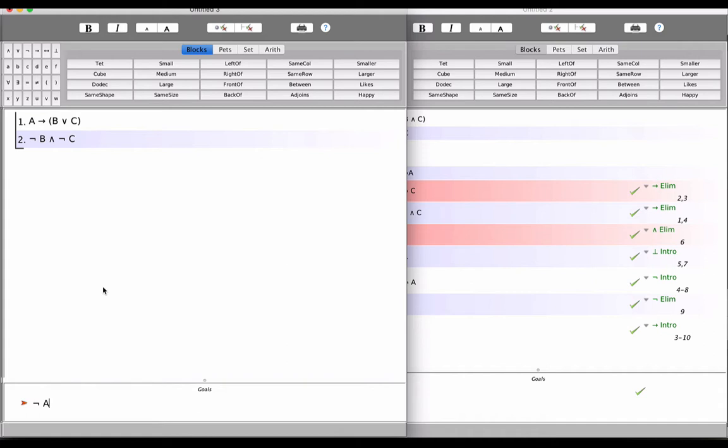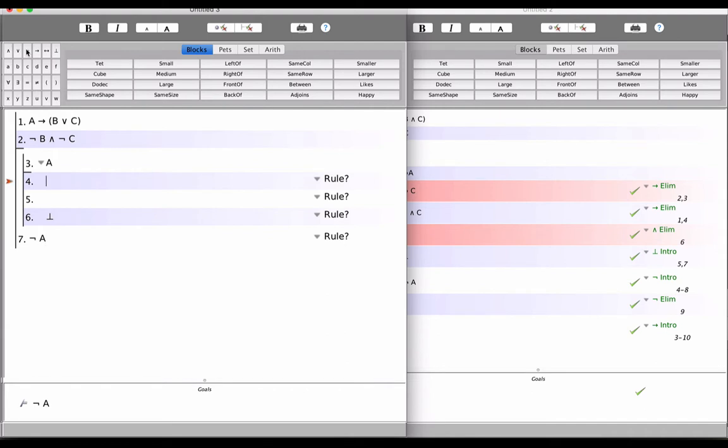When you have a negated sentence, an atomic sentence, or a literal, your strategy should be negation intro. That means assume your conclusion is false, which is to say assume A is true, derive a contradiction so that you can exit the subproof and infer that your assumption A is not the case because it generated a contradiction.